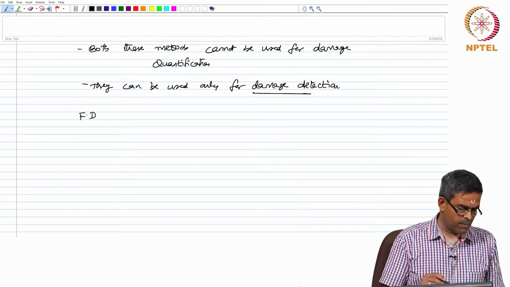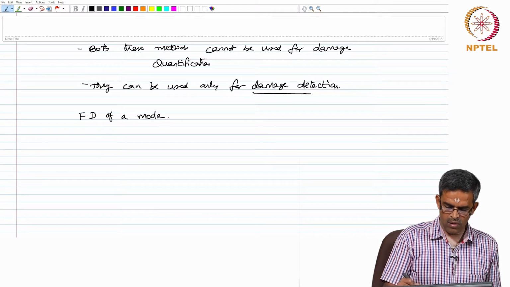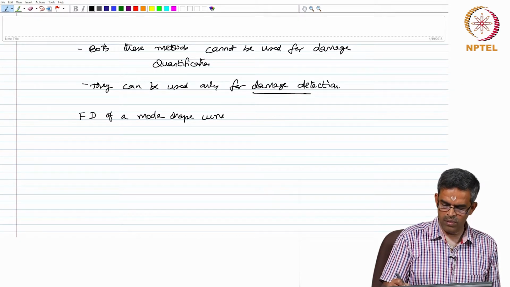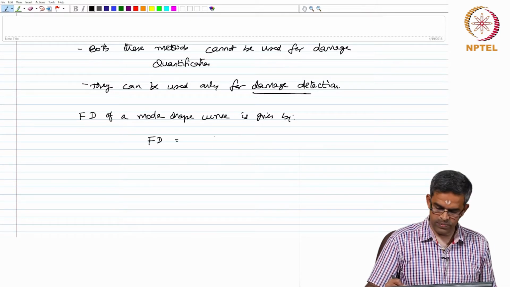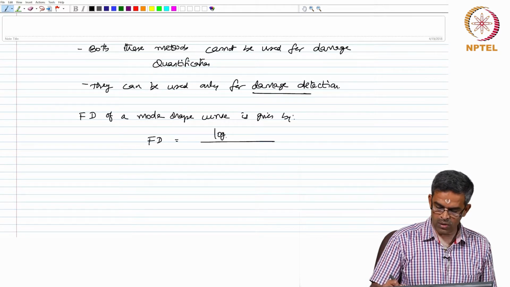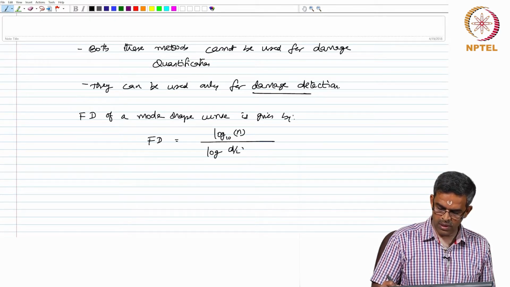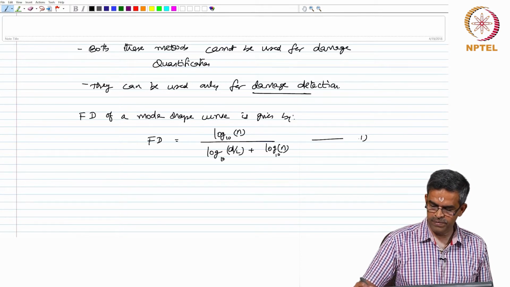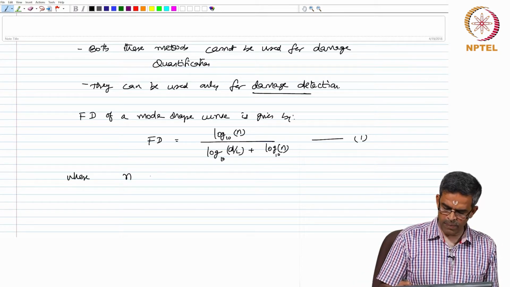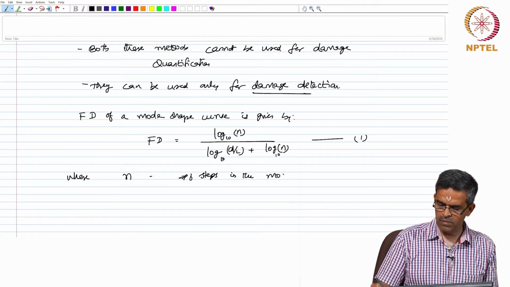Now, the fractal dimension of a mode shape curve is given by FD is equal to log n to the base 10 divided by log d by L to the base 10 plus log n to the base 10, where n represents the number of steps in the mode shape curve considered for the analysis.